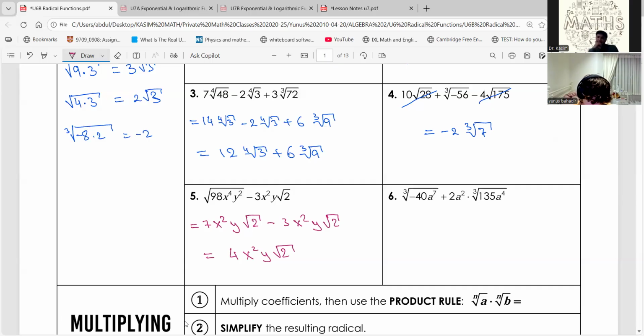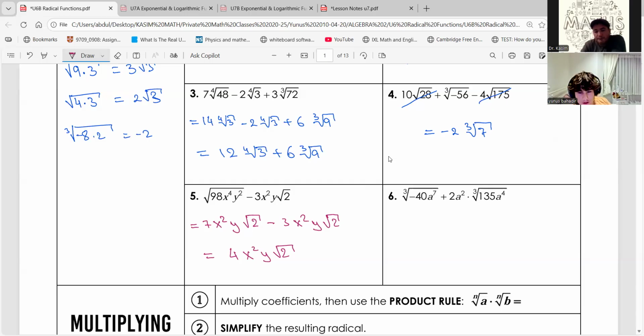Yes, Yunus, hold on a sec. Okay, for the a to the 7, do I just subtract 3 from 7?